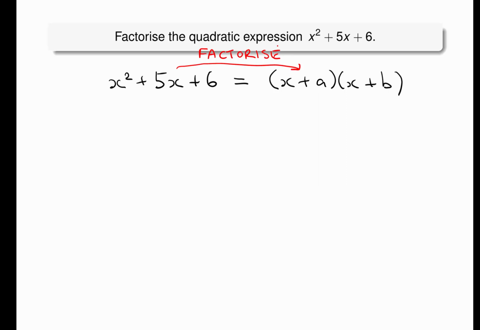That is, the product of two factors, x plus a and x plus b, where a and b are constants yet to be determined. The form on the right hand side is said to be factorized, while the form on the left hand side is said to be expanded.